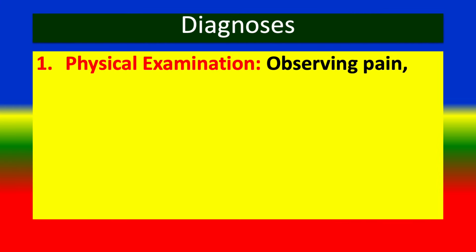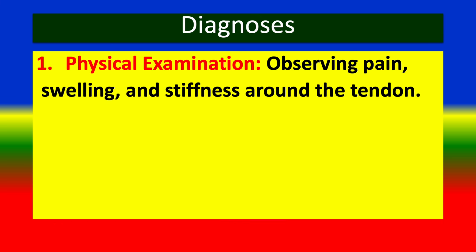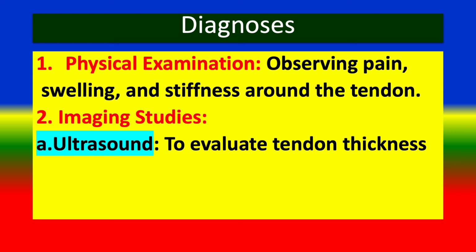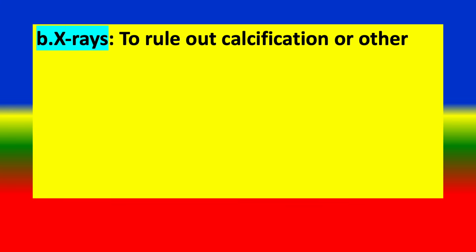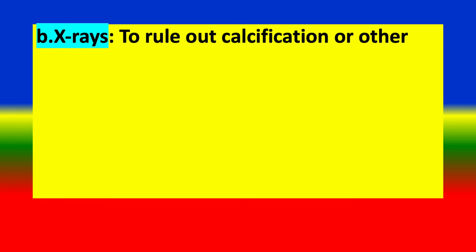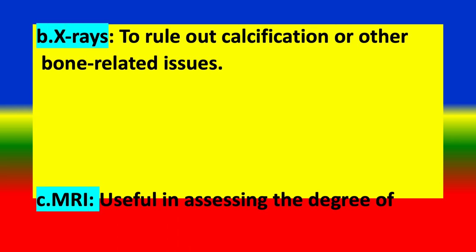Diagnosis: 1. Physical examination, observing pain, swelling and stiffness around the tendon. 2. Imaging studies. A. Ultrasound to evaluate tendon thickness and any structural changes. B. X-rays to rule out calcification or other bone related issues.